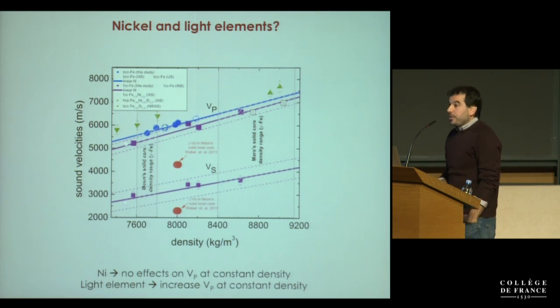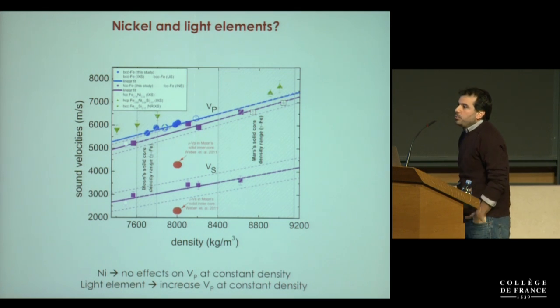Light elements. At the pressure and temperature conditions of the Moon, metallurgy tells us we cannot put too much light element in the solid iron. Nonetheless, the effect of inclusion of light elements may be significant. By definition, a light element will reduce the density.